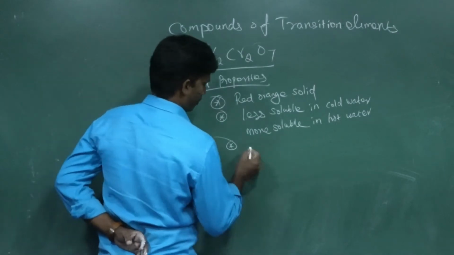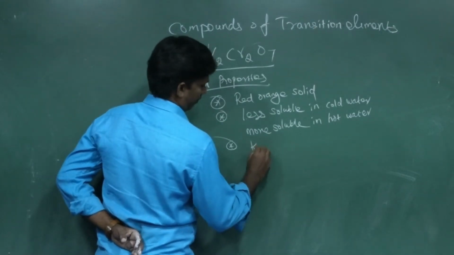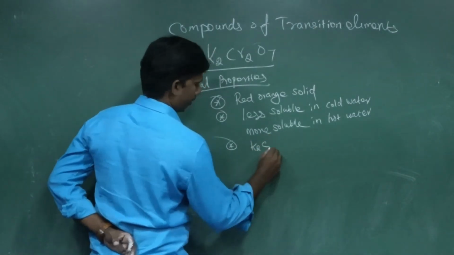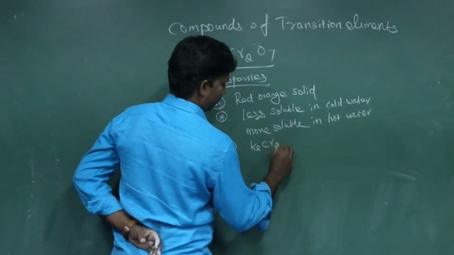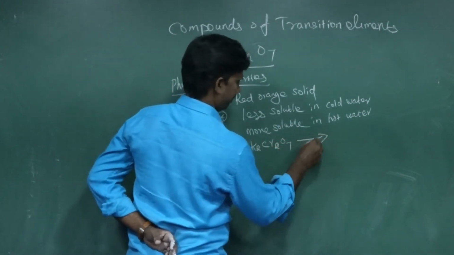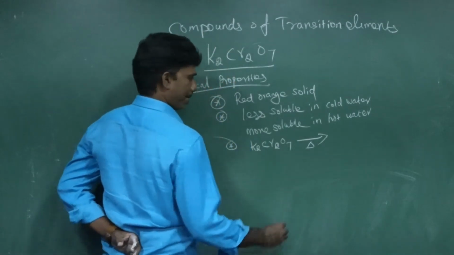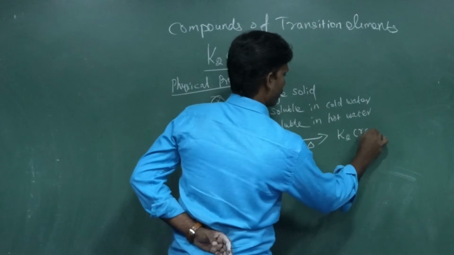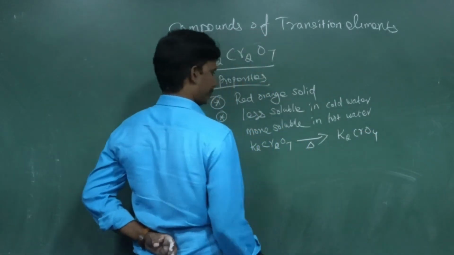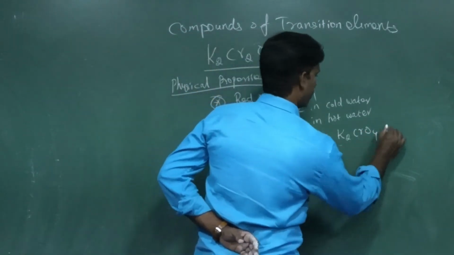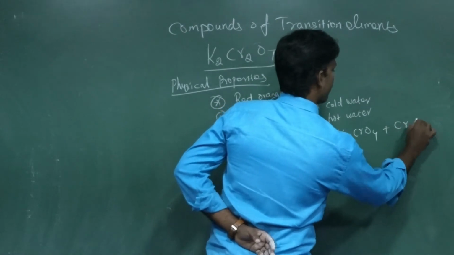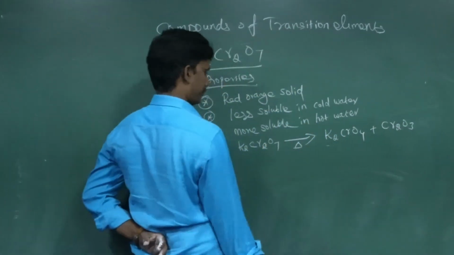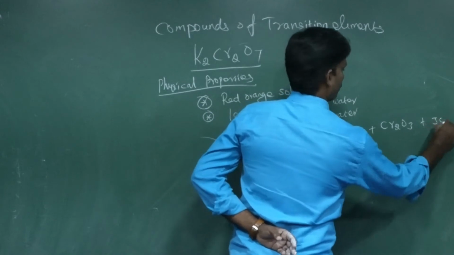When it is decomposed by heating, it gives chromate ion and Cr2O3, chromic oxide, plus 3O2.